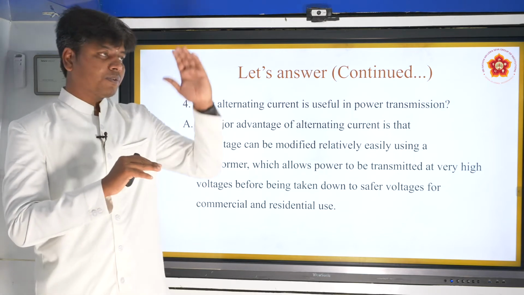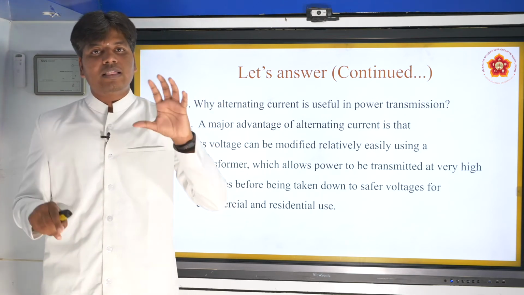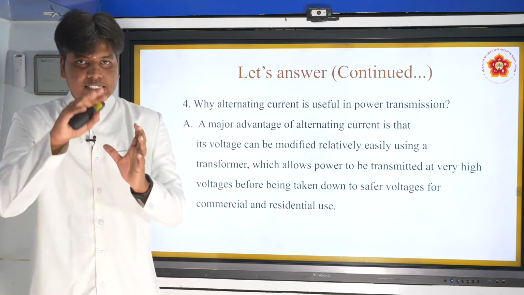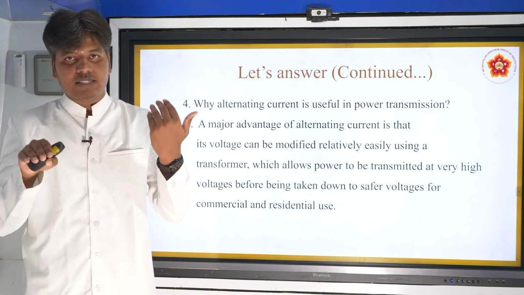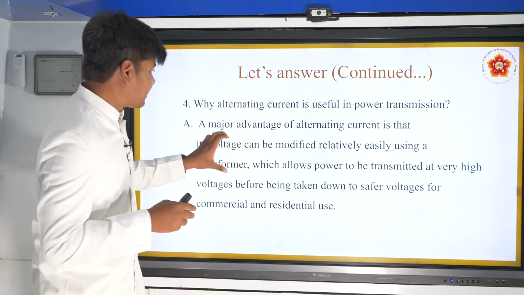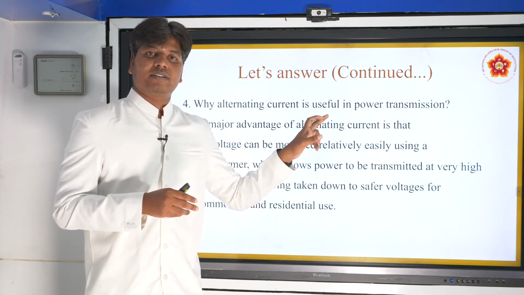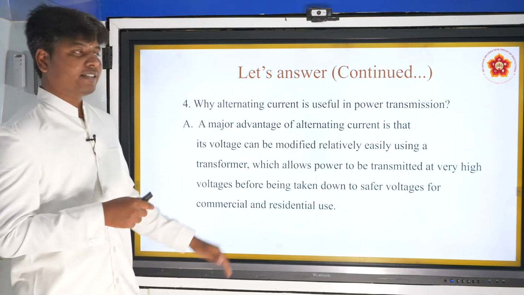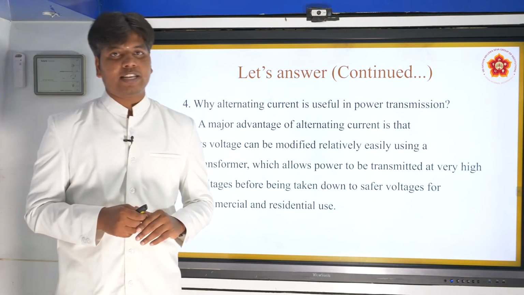Step down transformer from the station to our house. So we need this manipulation of high voltage to relatively low voltage, and low current to relatively high current. So alternating current is useful in power transmission. Okay, that's what is written in the answer. So this answers all the questions in your home assignment.